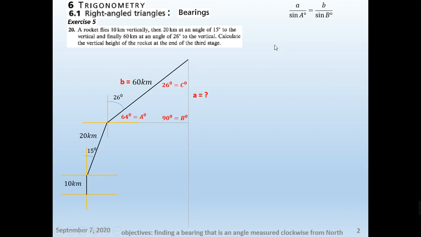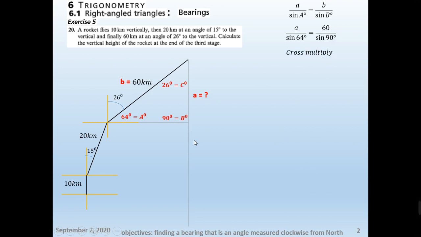So A small over sine of A capital is equal to B over sine B capital. Let's substitute in this formula. So it's going to be A over sine 64 is equal to B is 60, 60 over sine 90 degrees.